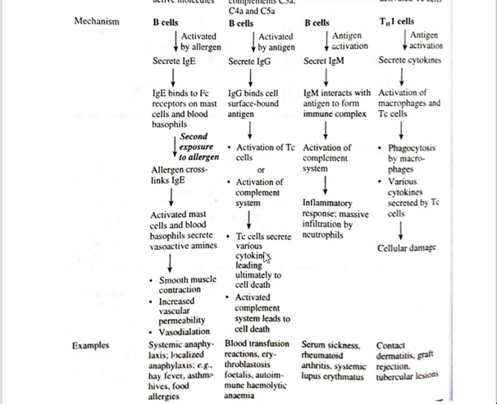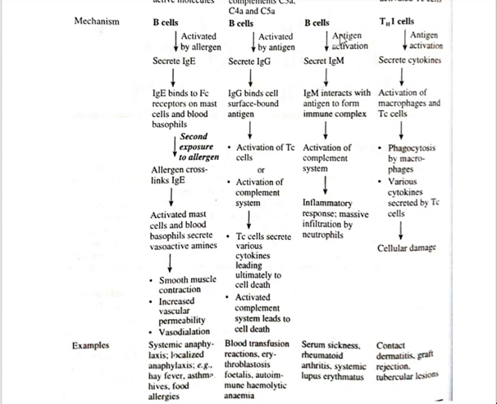And obviously they secrete various cytokines, ultimately leading to cell death. The activated complement system also leads to cell death. The examples of type 2 hypersensitivity we have discussed are blood transfusion reactions, erythroblastosis fetalis, and autoimmune hemolytic anemia.